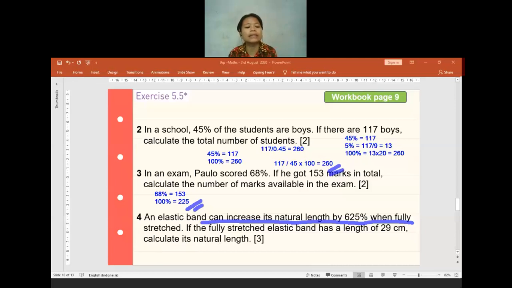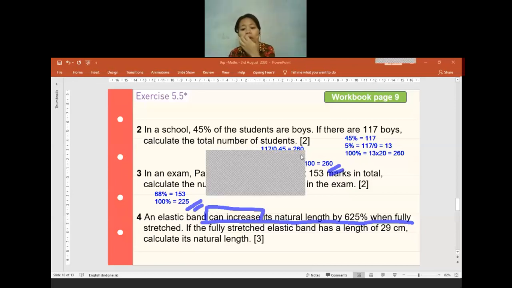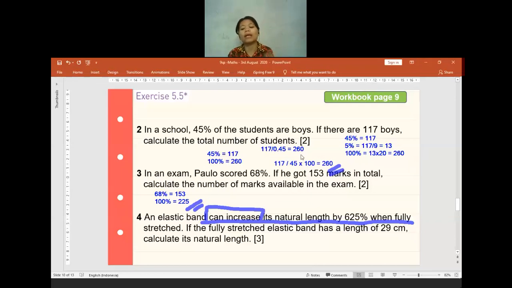But the question says, Teacher, can we use it like this: 29 times 25, after that we calculate 10 plus 29? No, we cannot, because the 29 is not the original, so we cannot add 29.